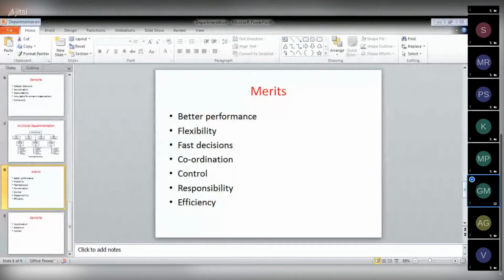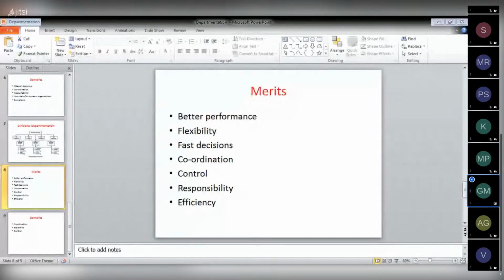So coordination is required between product A, product B, and product C. If product B compromises on quality, but it is manufactured by the same company, it will definitely affect the brand of the organization. That's why coordination is required.